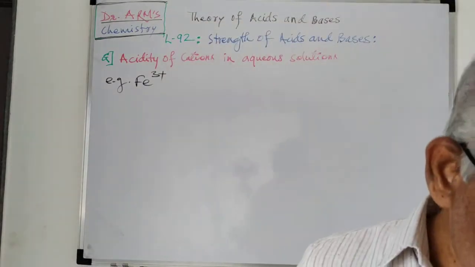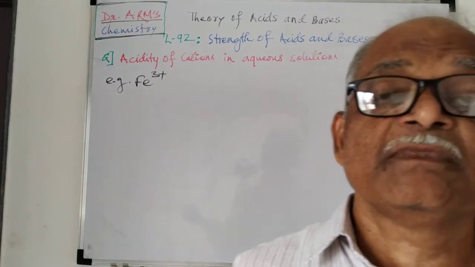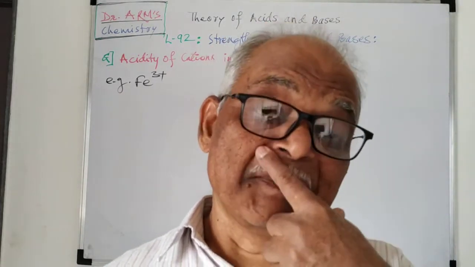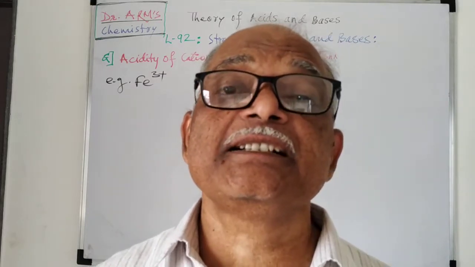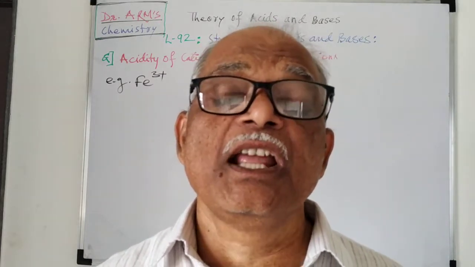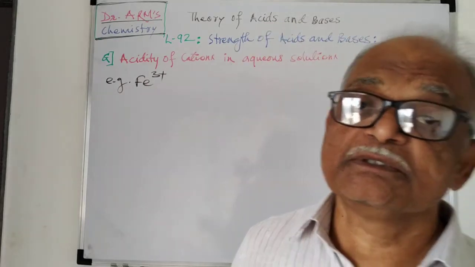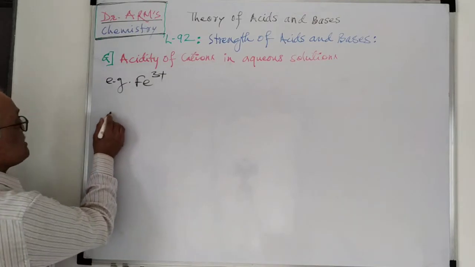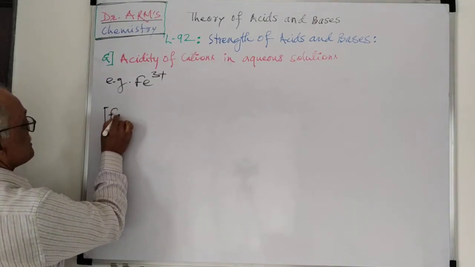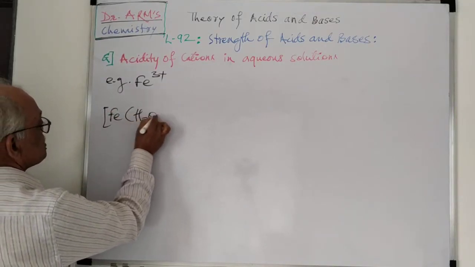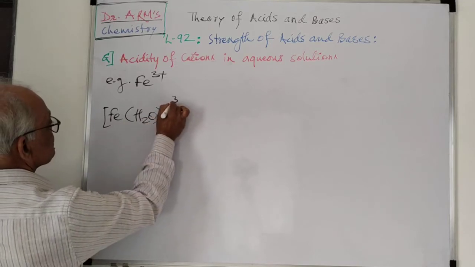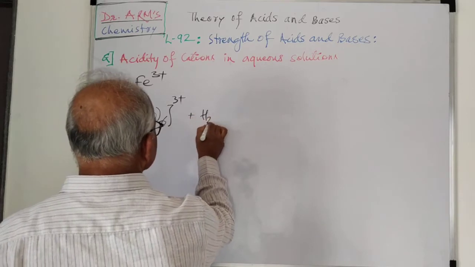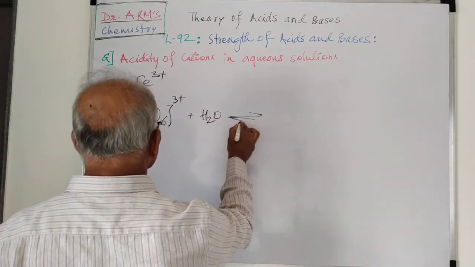We will see how the hydration of the metal ion takes place, and how the resulting weaker base behaves and gives further reactions. For example, we will see this as Fe(H2O)6 3+.